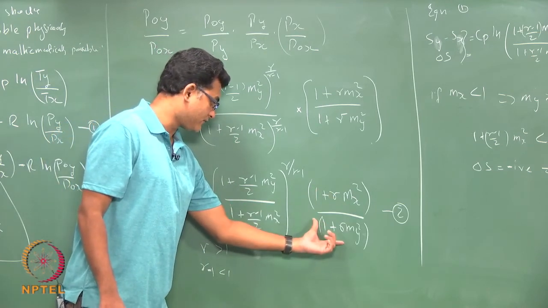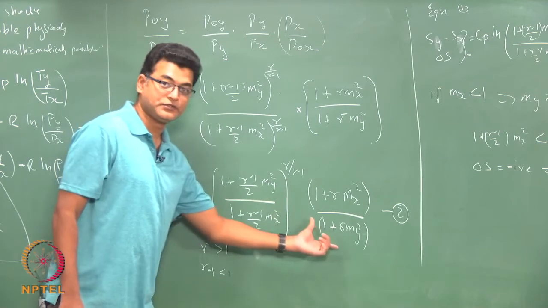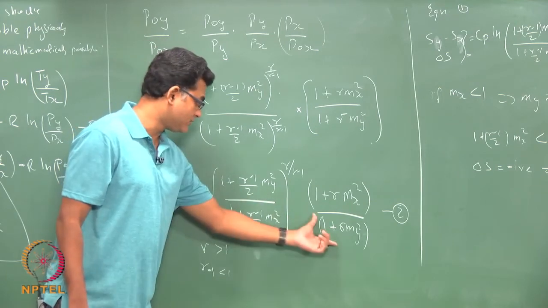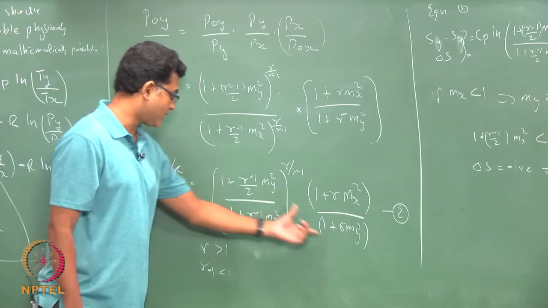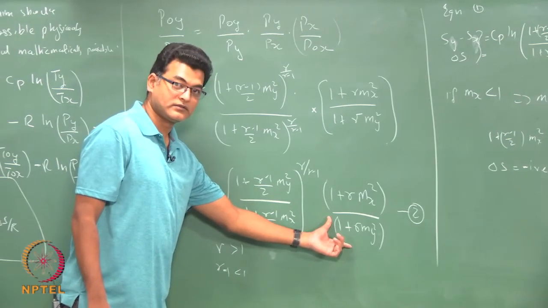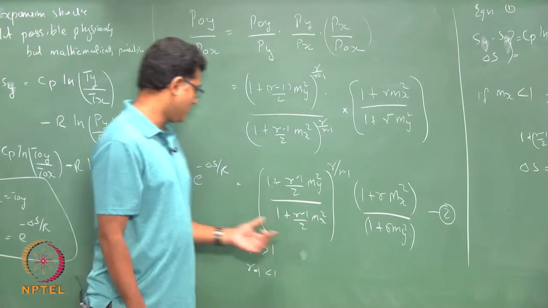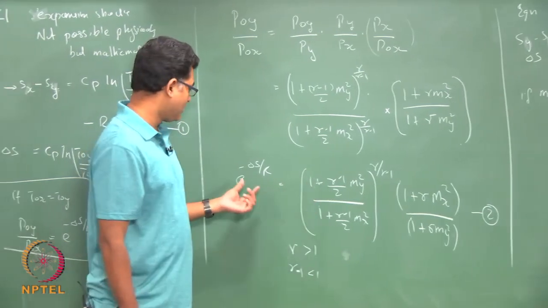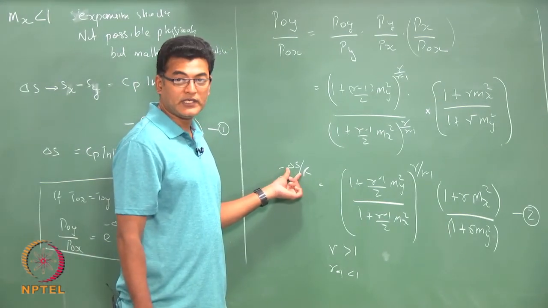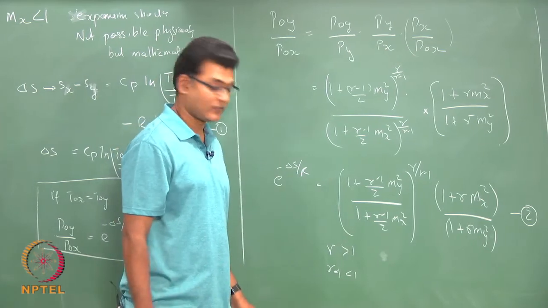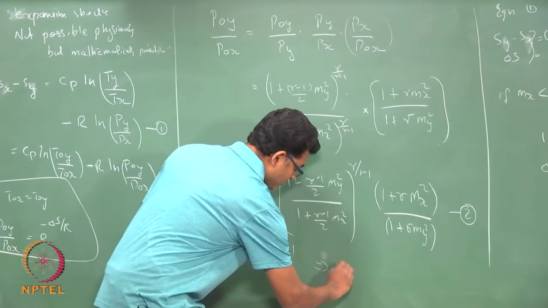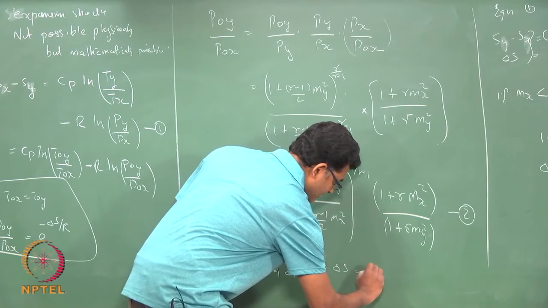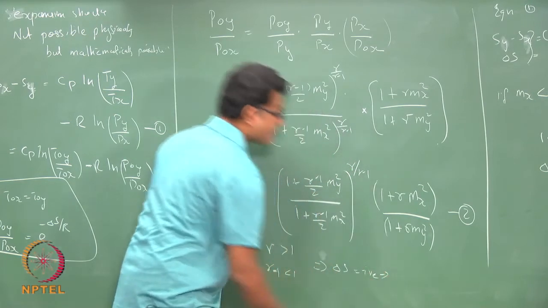So you need to find the magnitude of these two. Between these two, mx square is going to be larger. Okay. So you are going to have a small quantity here, a positive quantity here, which means your delta S would be negative, implying your delta S is negative.